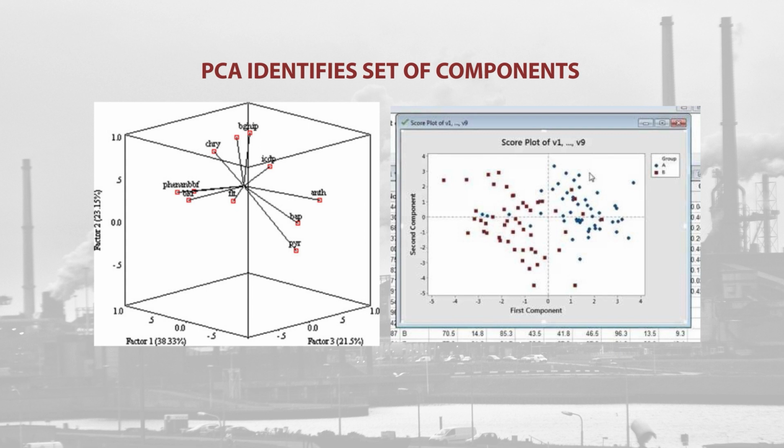Based on this separation, we can come to a conclusion that this combination, phenanthrene or benzoyl, is from diesel vehicles, this set of combination is from LPG vehicles, and this set of combination is from the kitchen. So PCA is an easy method which is widely used to identify the source.